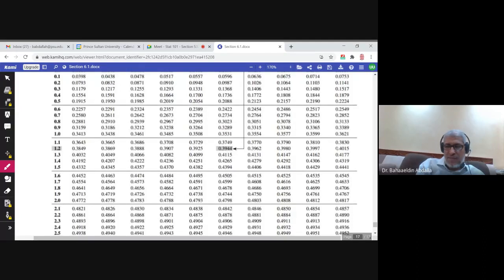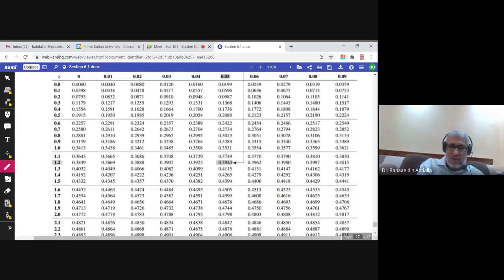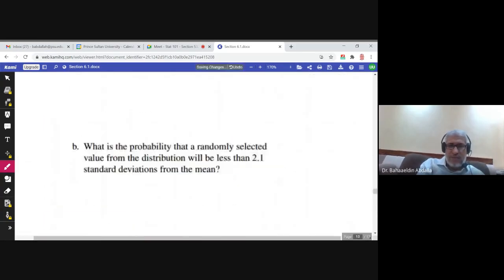So is it in the middle between these two, or is one of these two values closer to 0.4? Of course, 0.3997 is closer. This is the value I'll deal with, and the Z value would be 1.2, and if you go up 8, so Z0 is 1.28.